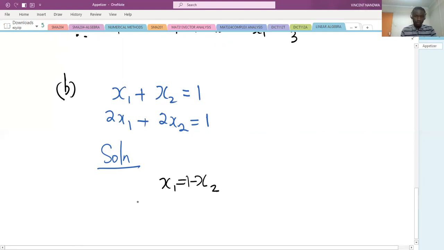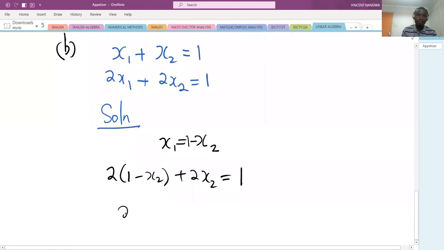Replacing this in the second, I have 2 times (1 minus x2) plus 2x2 equals 1. And so I have 2 minus 2x2 plus 2x2 equals 1.